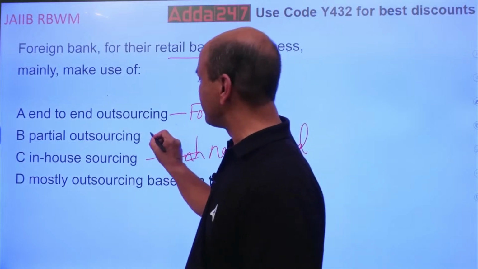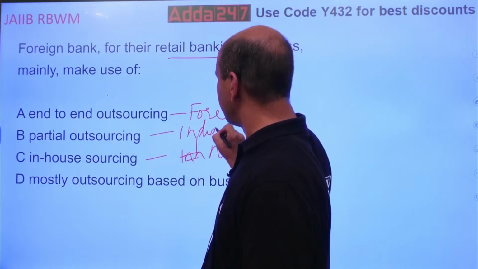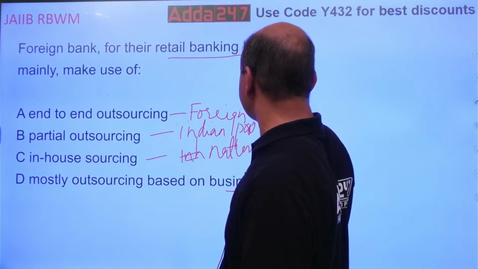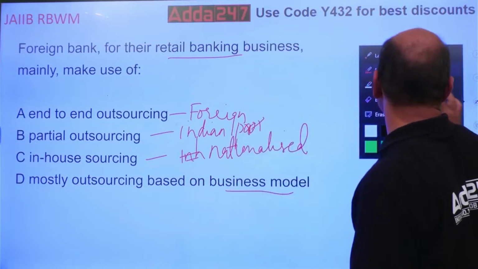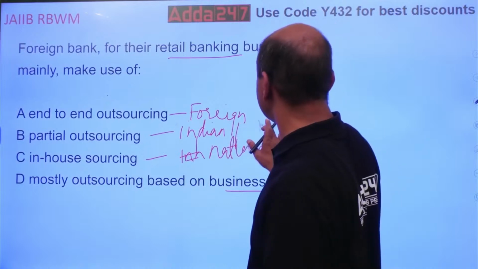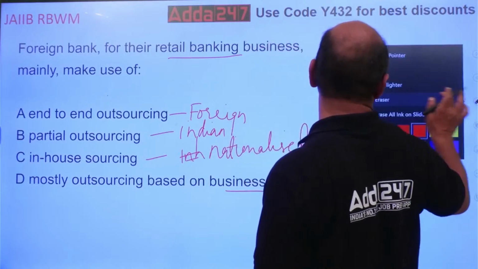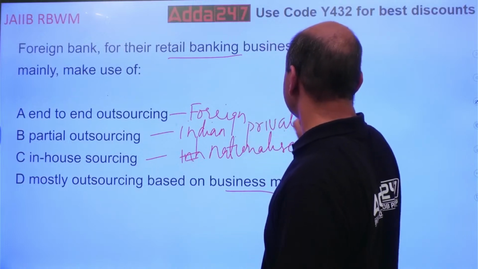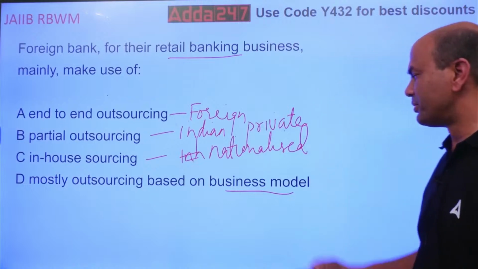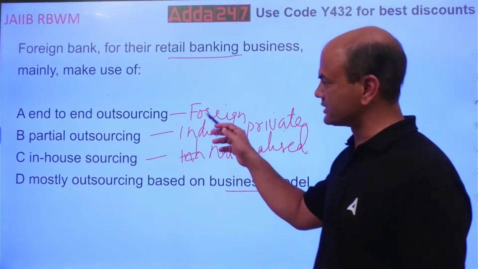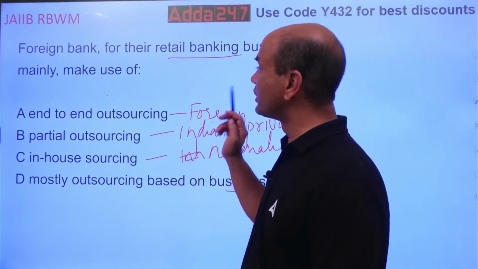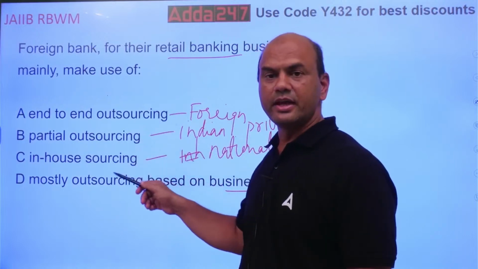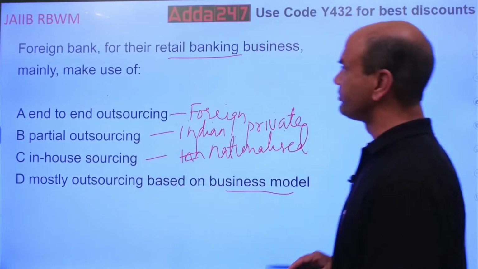Partial is done by Indian private banks. Business model is different. This is the main answer: foreign banks do end-to-end, Indian private banks do partial, and nationalized banks do in-house. Okay?